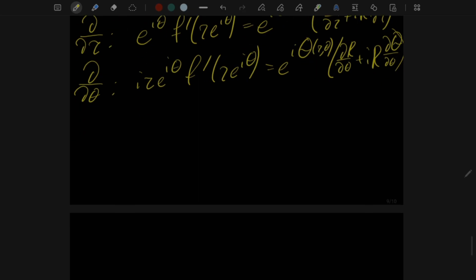And we get the same stuff here, and when we equate the real and imaginary part after cancelling out the exponential, we will get another system.